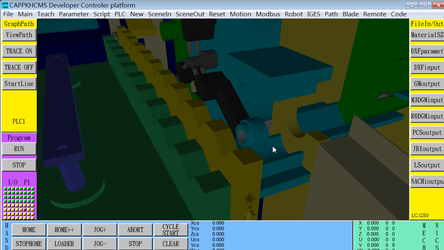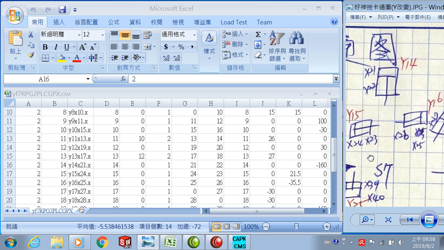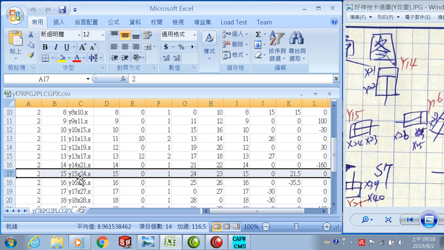Well, there are two holders actuated by two Y outputs. This is Y15 and Y16. The lower one is Y15 S24. The upper is Y16 S25.